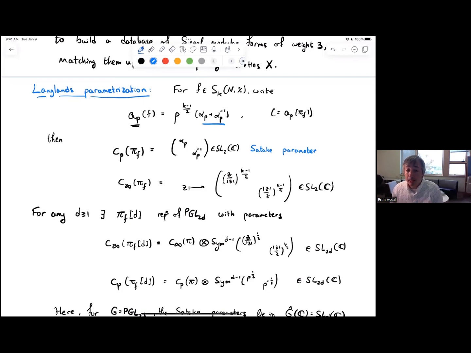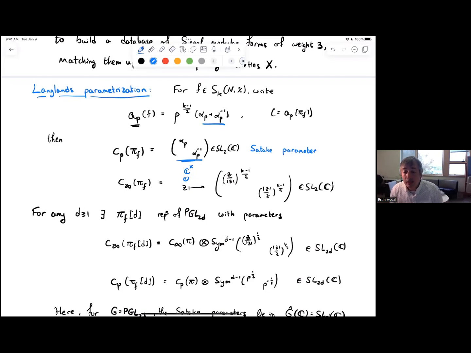And then the diagonal, the semi-simple element with diagonal alpha p, alpha p inverse, will be its Satake parameter at p. And similarly, one can write a Satake parameter in infinity, which takes any non-zero complex element into a conjugacy class of a 2x2 matrix over C.